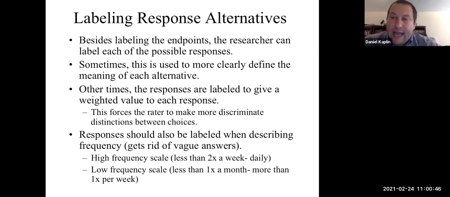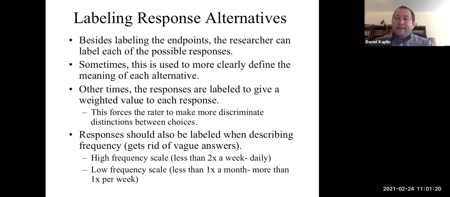And you might have had this experience when applying to college, and you will have this experience again if you did when you apply to graduate school. When you ask your professors to write letters of recommendation, many universities also have an accompanying rating scale, and they give you different virtues or personality characteristics, and they ask you to rate it. But you'll notice at the top, all of the choices are labeled. And you might say, well, why are they labeled?